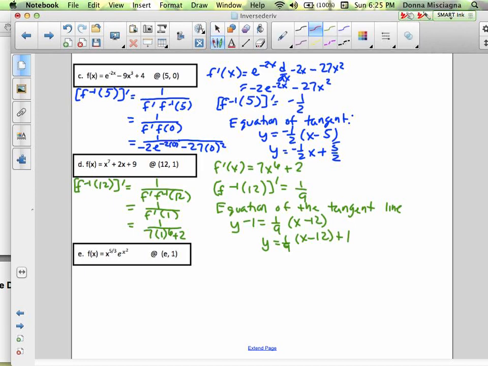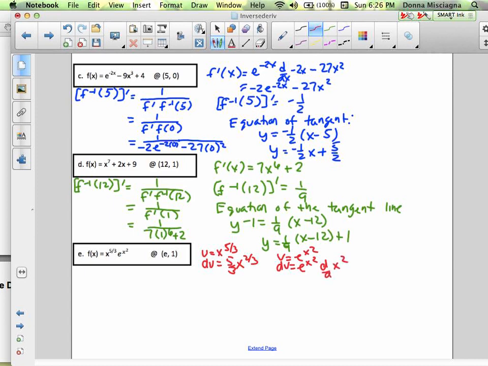Right now we have a product rule. All right, so u is x to the 5/3. If we take the derivative of that, that's going to be 5/3 x to the 2/3 power. Right? And then v is e to the x squared. The derivative of that is going to be e to the x squared times the derivative of x squared.